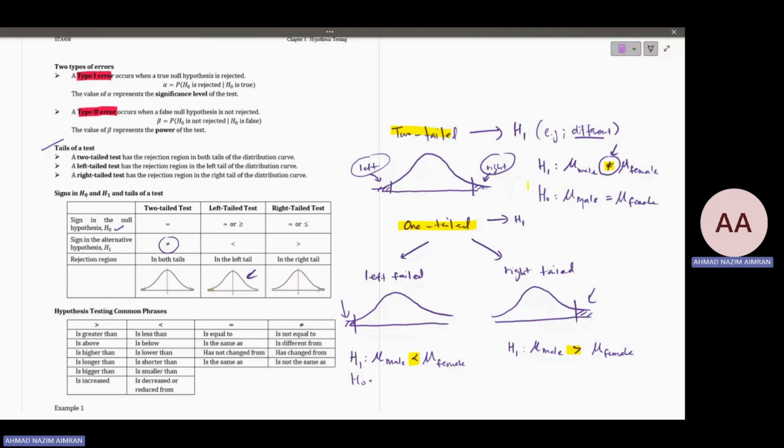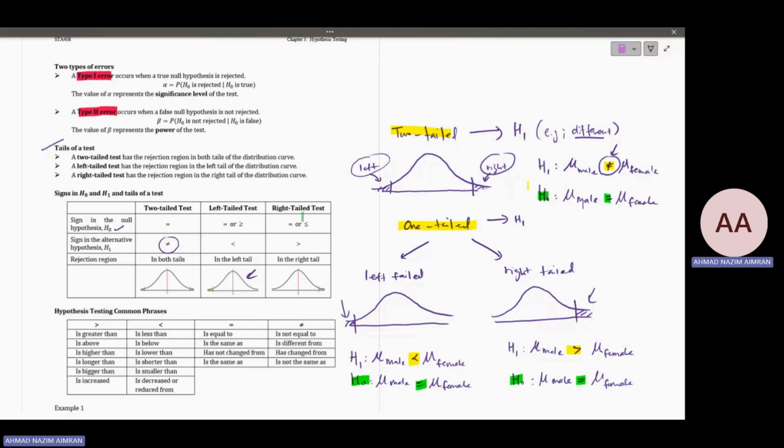The same goes for the second one, and also for the third one, you can use the equal to symbol for the null hypothesis. I will use a different color. When it is the null hypothesis, just use this symbol.